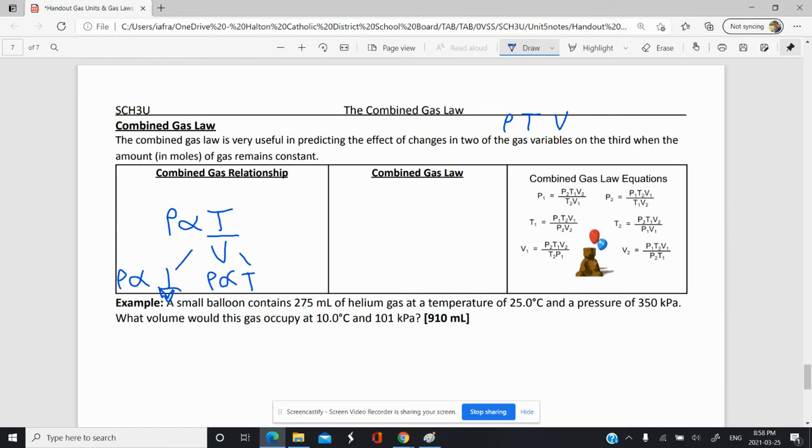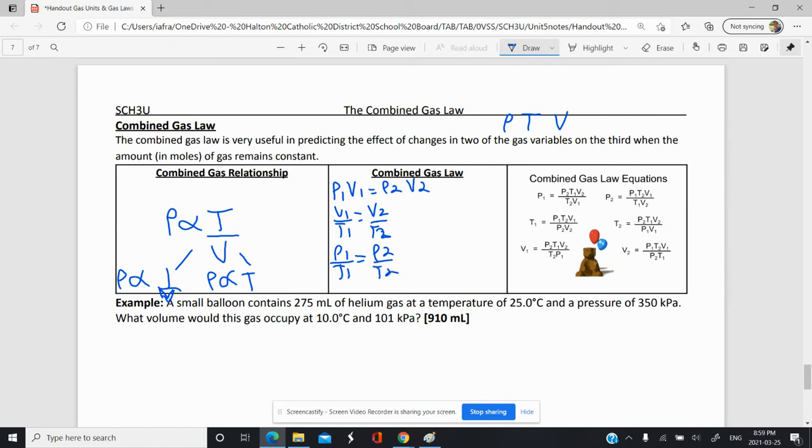The combined gas law relationship is literally a combination of all the gas laws you saw. So we saw P1 V1 is equal to P2 V2. We saw that V1 over T1 is equal to V2 over T2. And we saw that P1 over T1 is equal to P2 over T2.